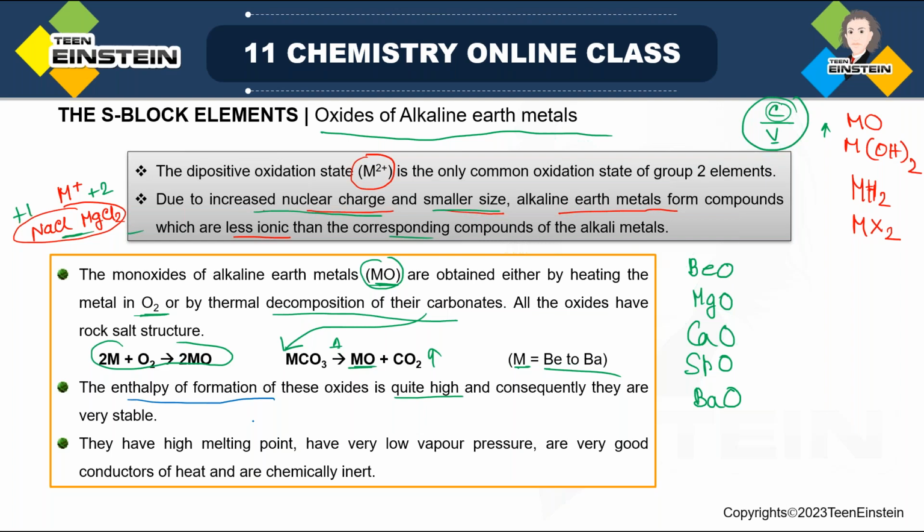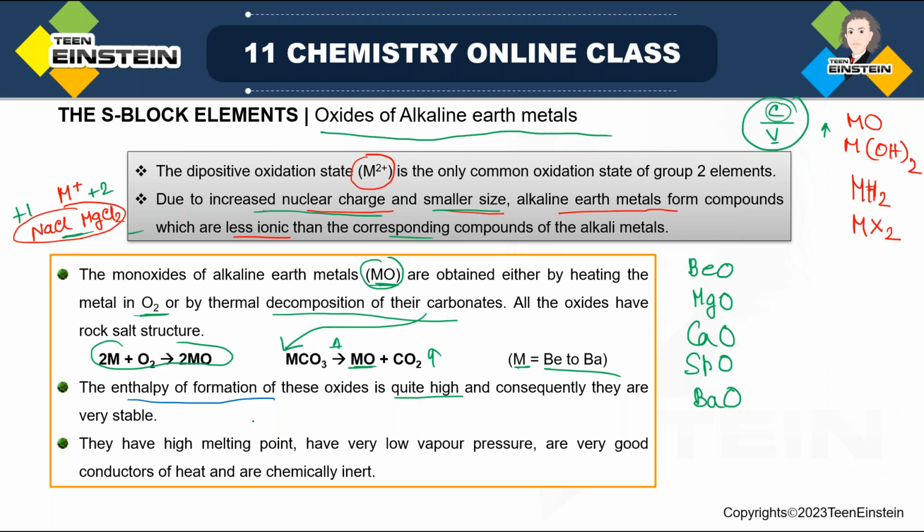Normal state means if you are preparing something from carbon as element, carbon under normal condition is in solid form. It is not gaseous or liquid, right? So when you are making something from carbon, it must be in the solid state. That is the normal state. So this is the definition of enthalpy of formation.